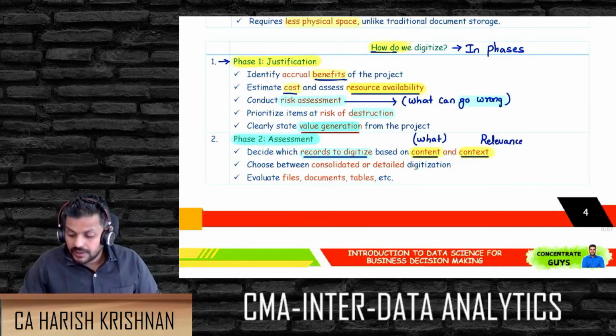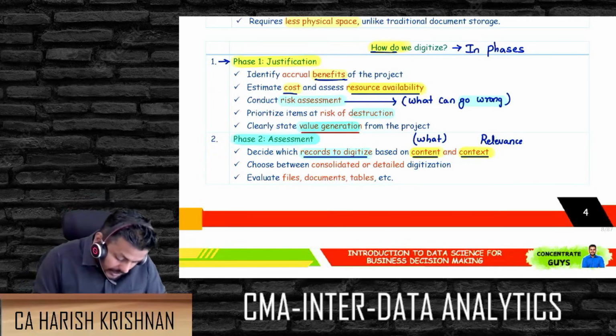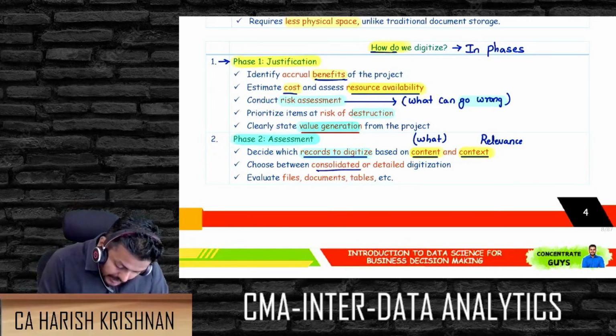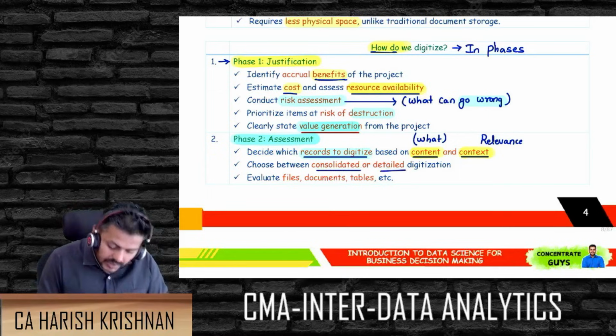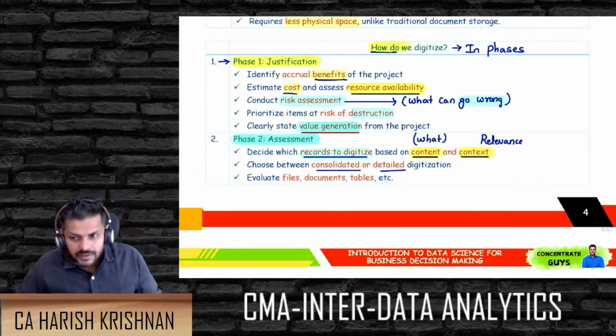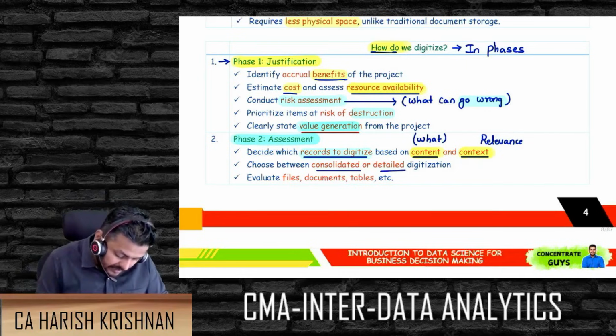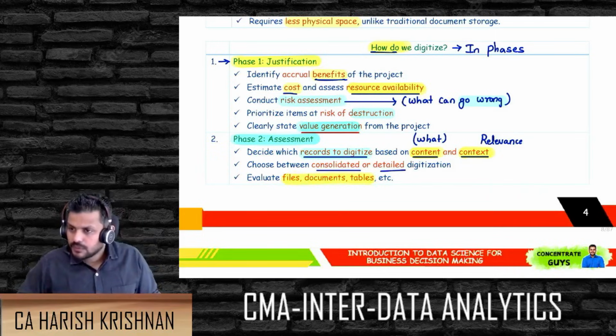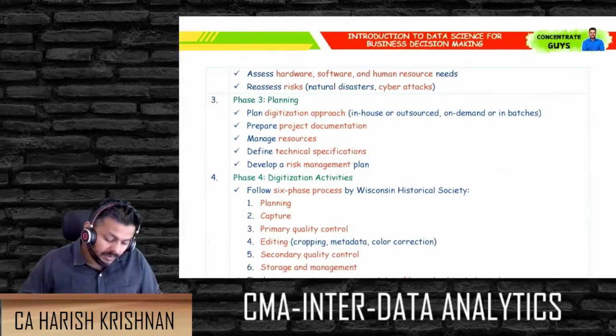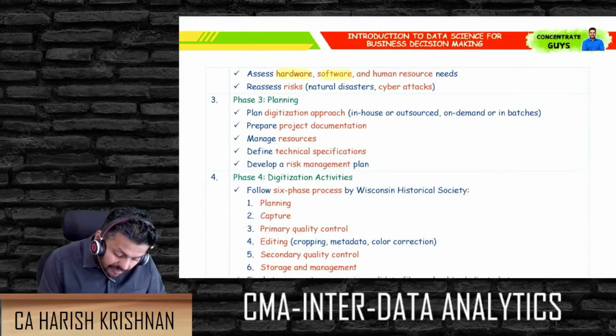Choose between digitizing normally, or doing it in a consolidated or detailed way. Consolidate means you want to group and do it together. Detailed means individually, everything. Evaluate the files, documents, and tables that you have. Then comes a very important point: hardware, software, and HR needs.